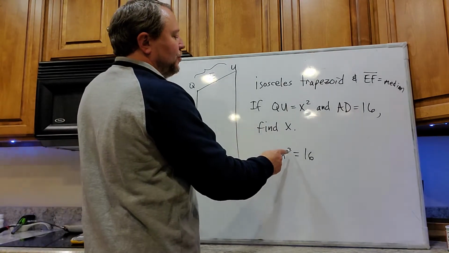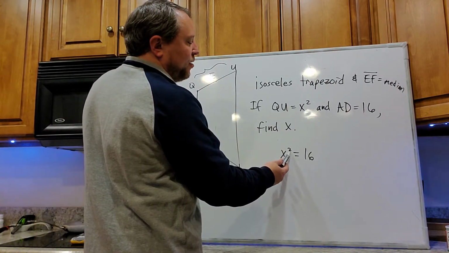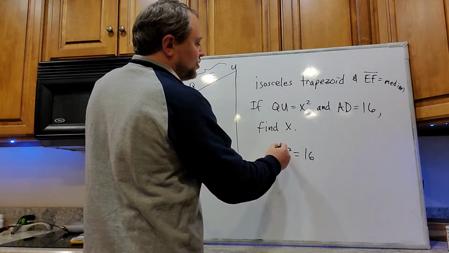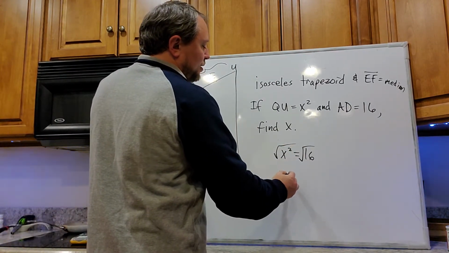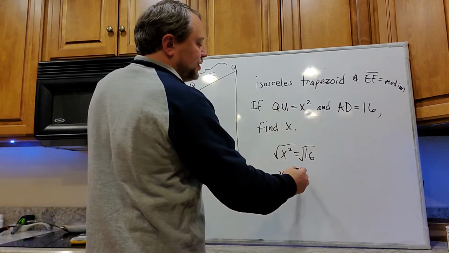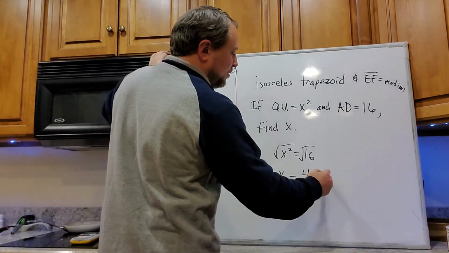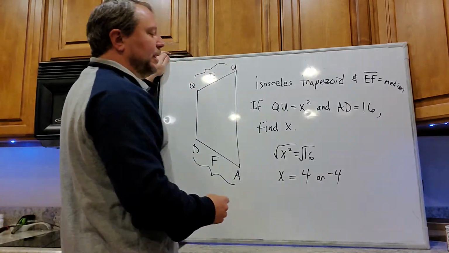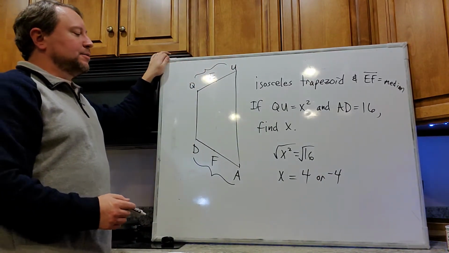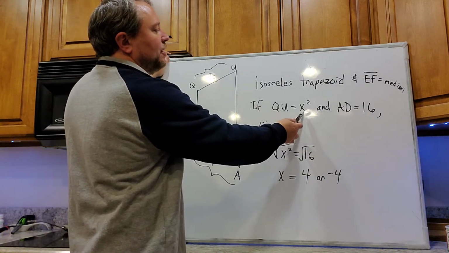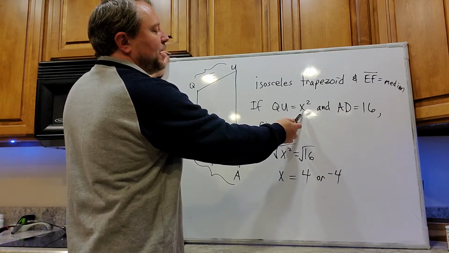Now be careful on a problem like this. Anything with a power of 2 technically has 2 answers. So if you're just going to do a square root at this point, believe it or not, there's 2 answers. It's not just 4, it could also be -4. Just think about it. If I plug a -4 in here for the x squared, negative times a negative is positive.